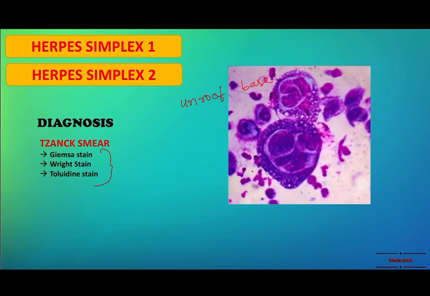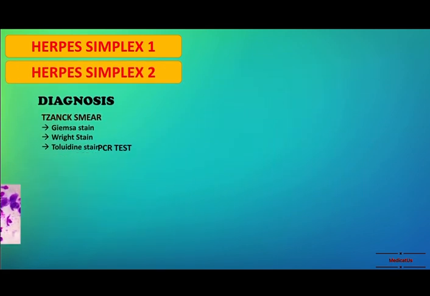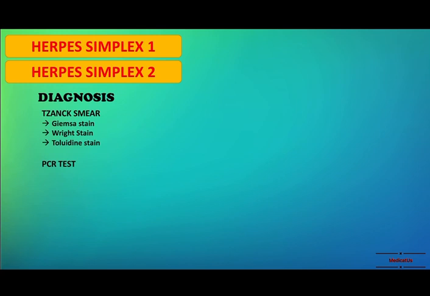We will notice multinucleation and molding, that is, the nuclei are fitting into one another, and also margination of chromatin will be seen. The other test we can use is PCR. Why? The Tzanck smear cannot differentiate between herpes simplex 1 and herpes simplex 2, but PCR can.